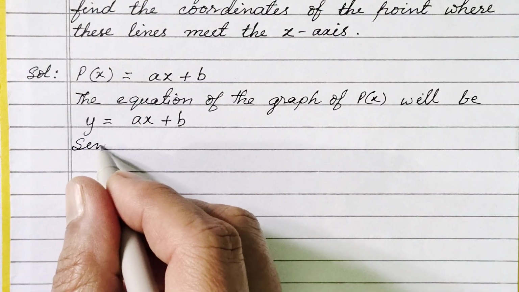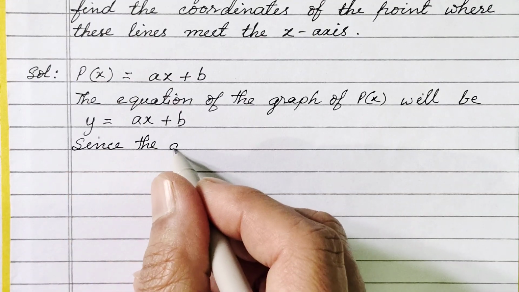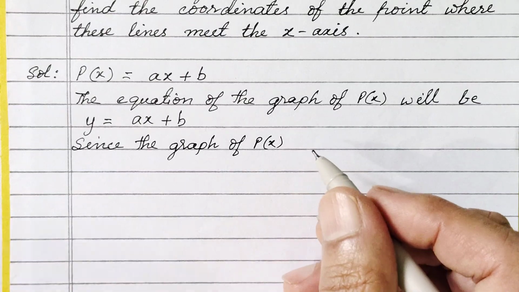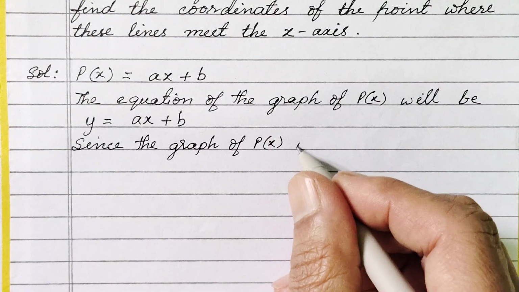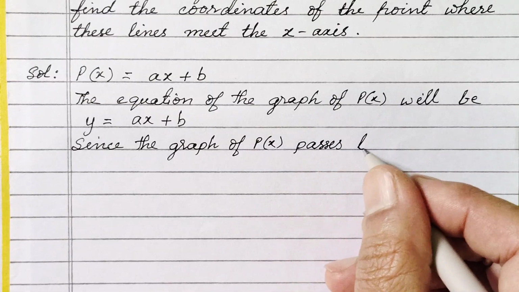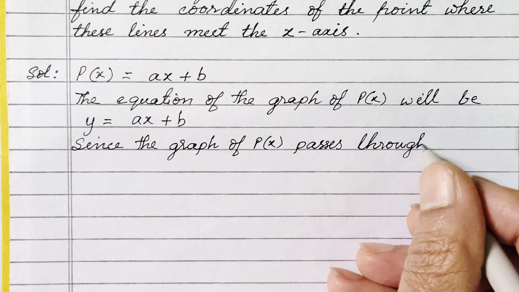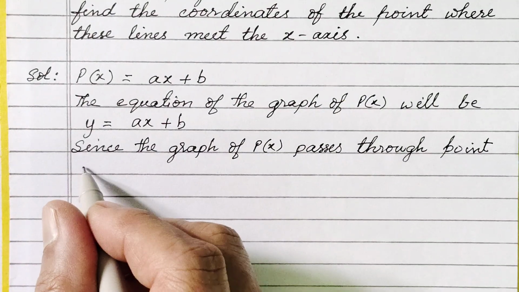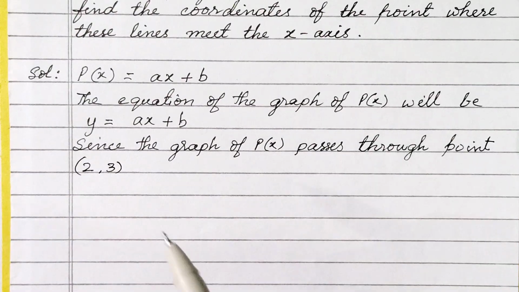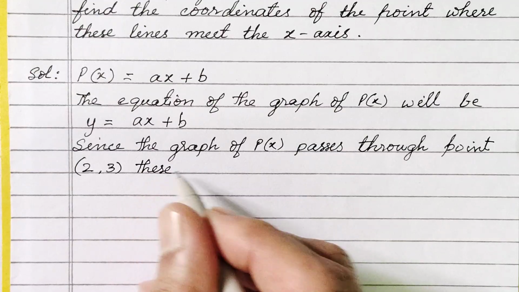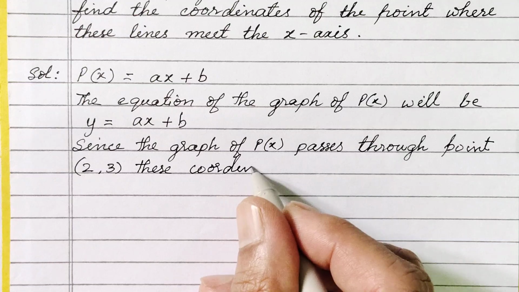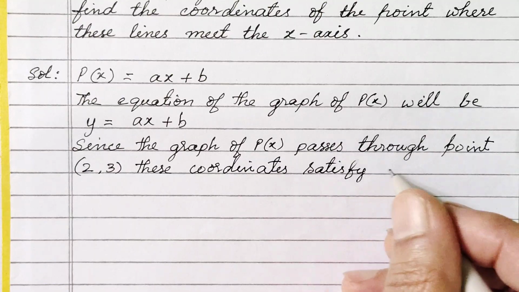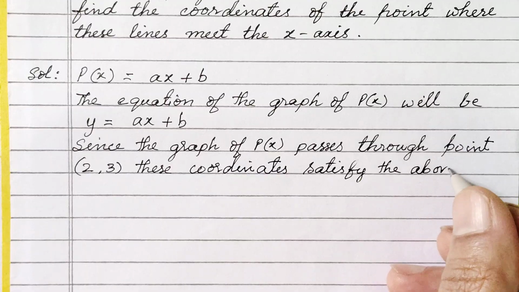Since the graph of p(x) passes through point (2, 3), these coordinates satisfy the above equation.